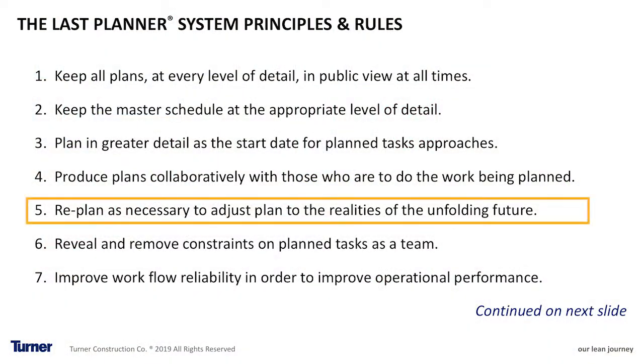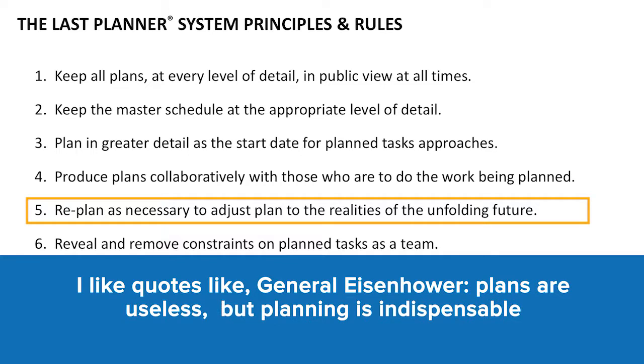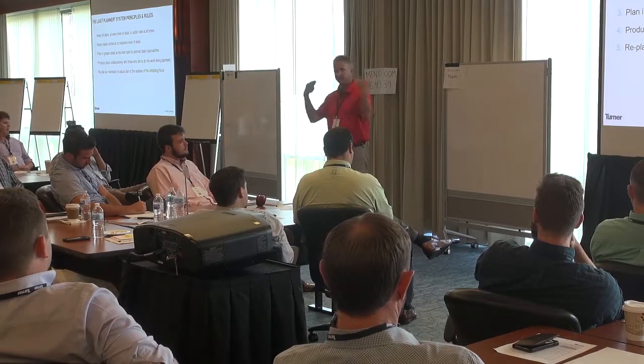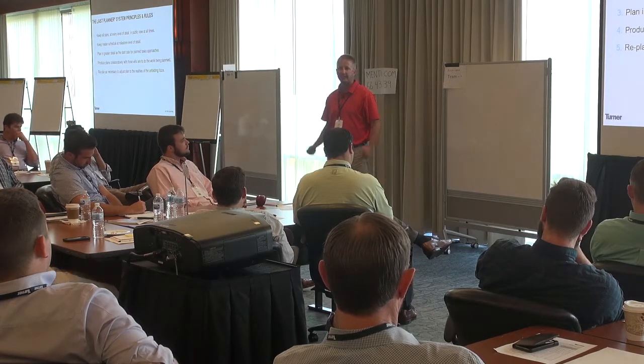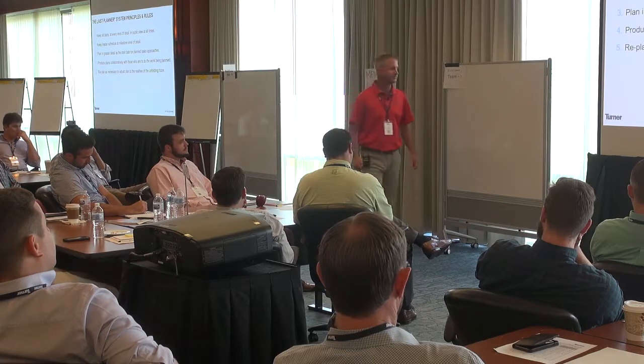Number five, replan, PDCA, as necessary to adjust the plan to the realities of the unfolding future. So this Last Planner is essentially PDCA: every day, daily huddles; every week, make-ready planning and weekly work planning.